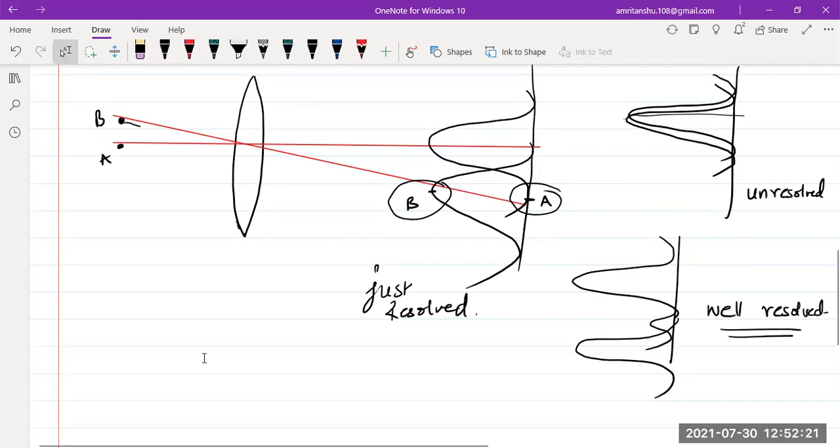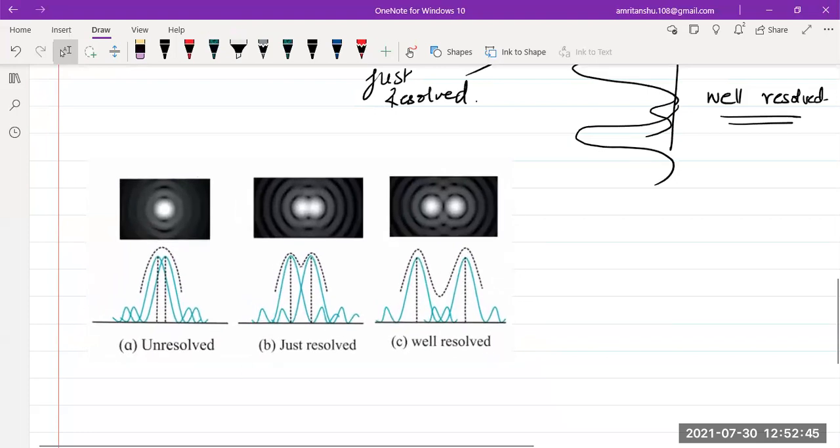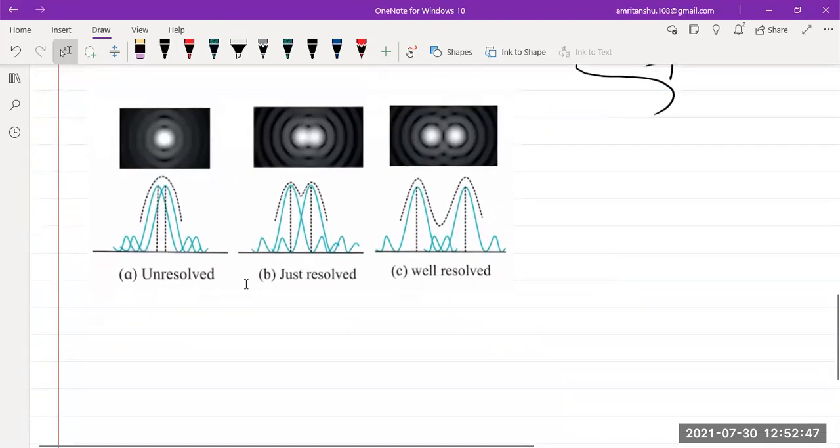I'll show you some diagrams based on this. These are some diagrams based on unresolved, just resolved, and well resolved conditions. So you can see it.